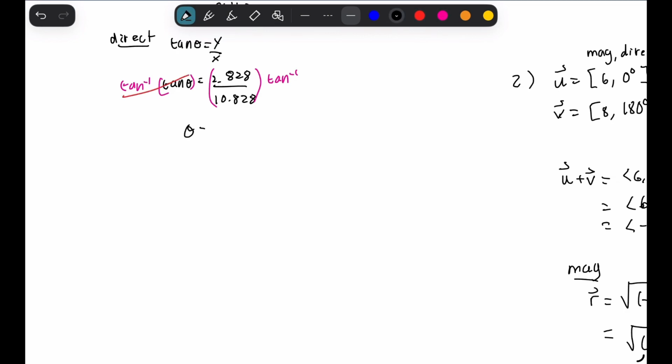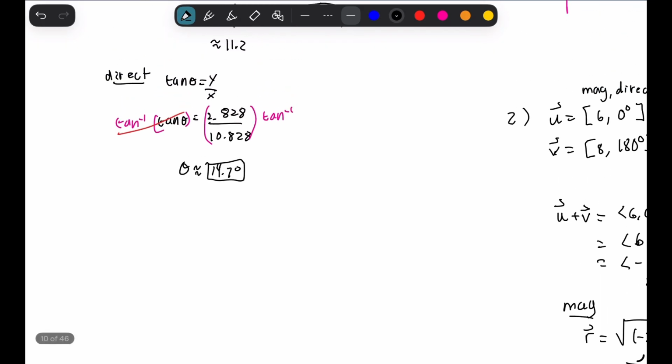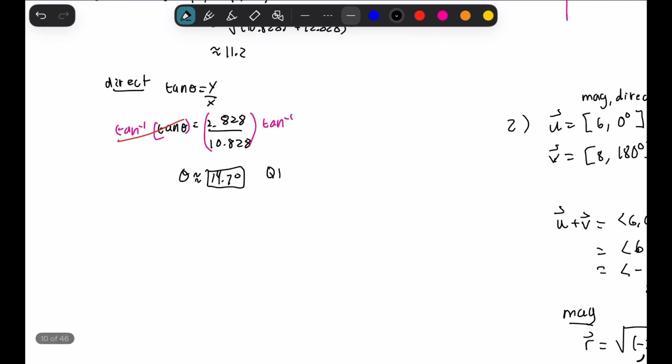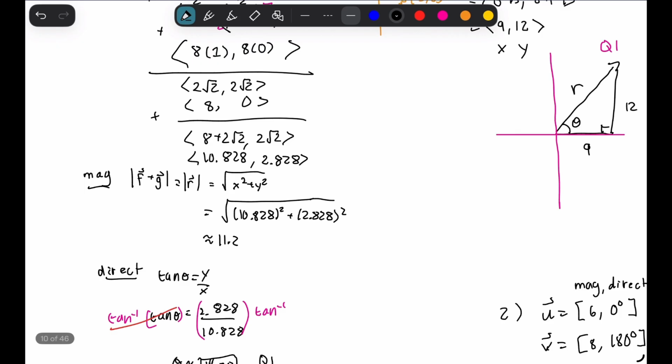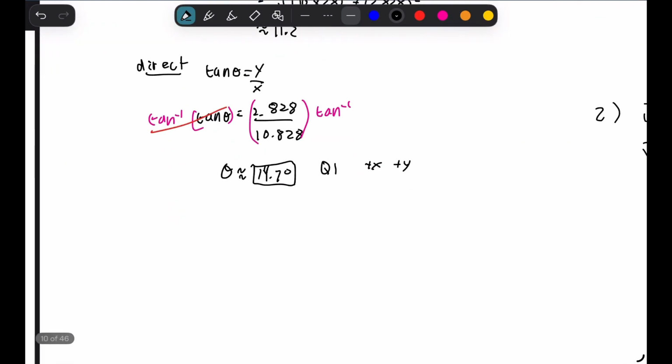So theta will equal approximately 14.7 degrees when you get the tan inverse of that right-hand side. So that's your direction. And this makes sense because this is going to be in quadrant 1, based off of our component form where we have positive x, positive y. Now let's do our next question.